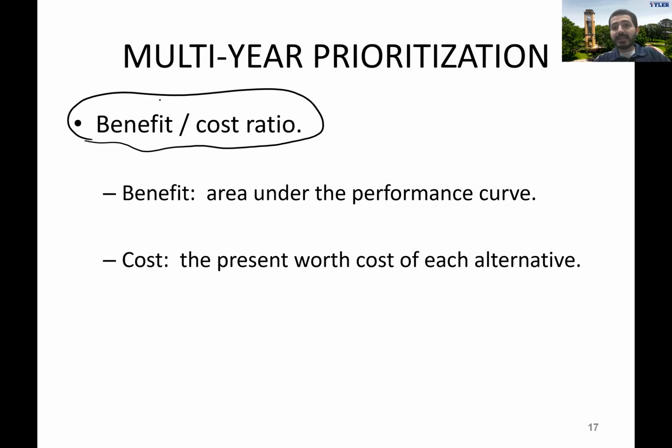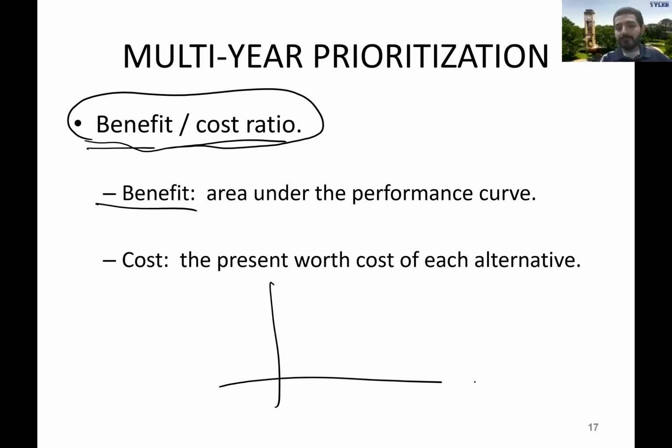If you are investing in a better treatment that's going to be more beneficial and is going to give you more life longevity of that pavement section, then it might be worthwhile looking into that ratio, instead of just looking at the cost as one deciding element. So we look into the benefit to cost ratio. The benefit is actually the area under the performance curve.